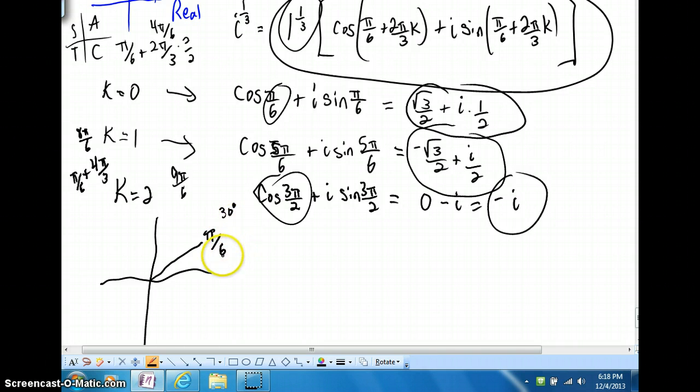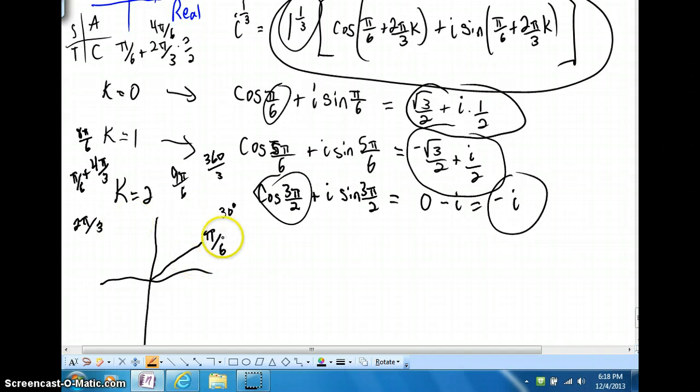It would be equivalent to that. Think about it this way. 360 divided by 3 would be 120. If we've got 3 cube roots, 3 solutions, we'd have an answer every 120 degrees. Or an answer every 2 pi over 3 radians. You can think of it that way.